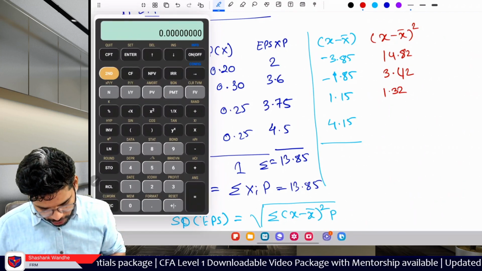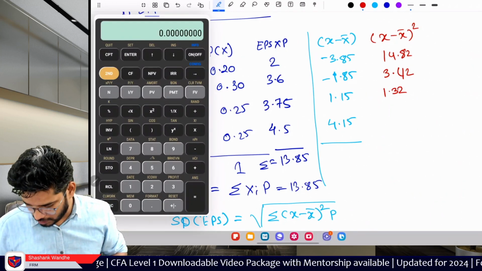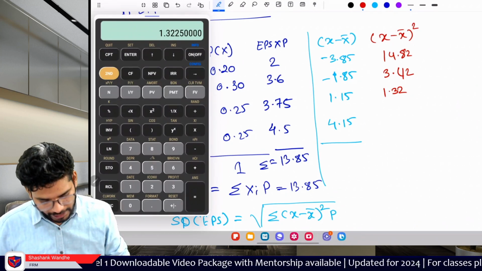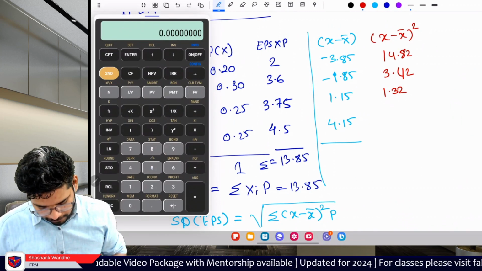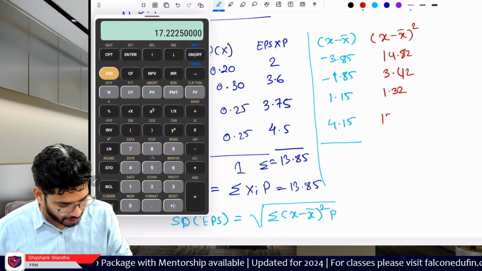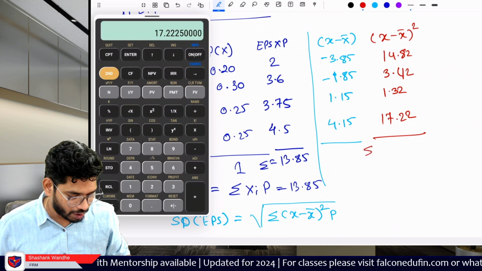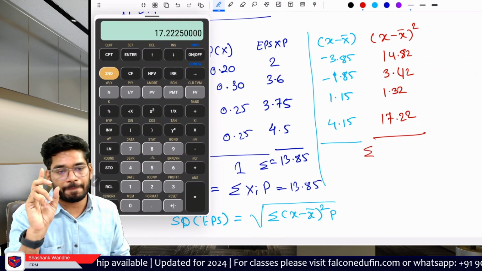Let me just do the calculation, 1.15 square. Yeah, so it is 1.32. Then 4.15 square is 17.22.